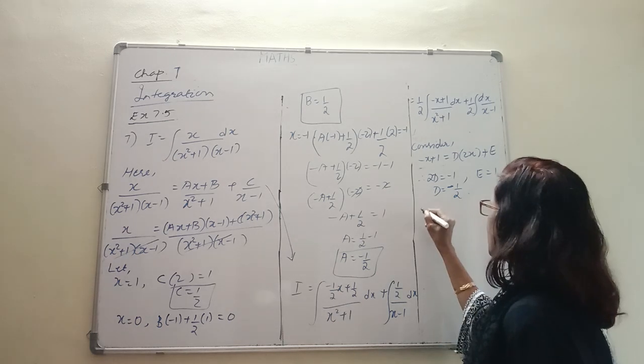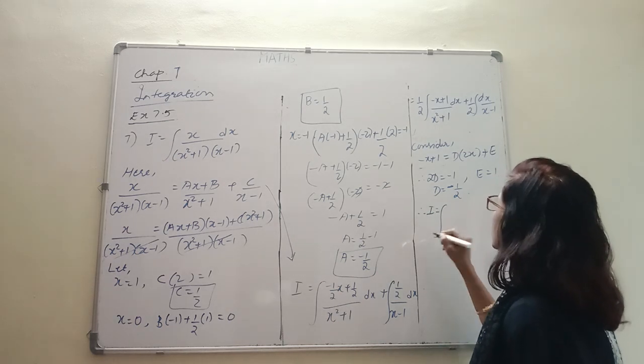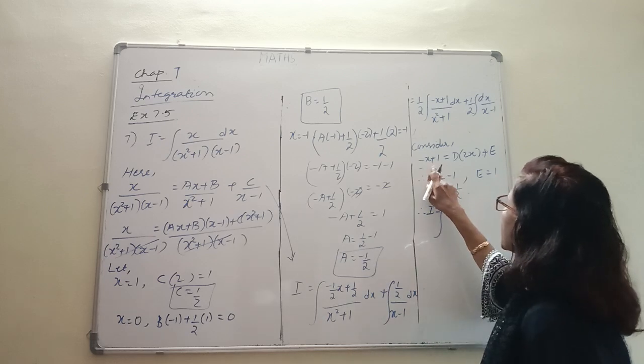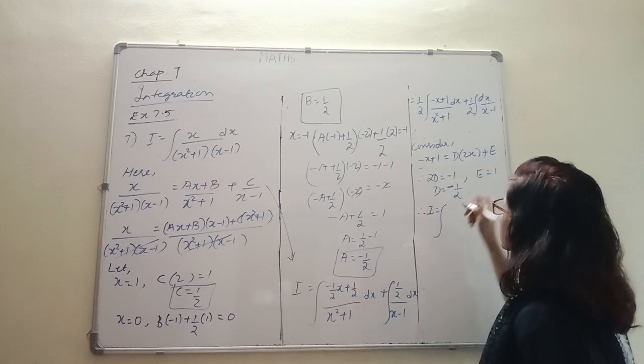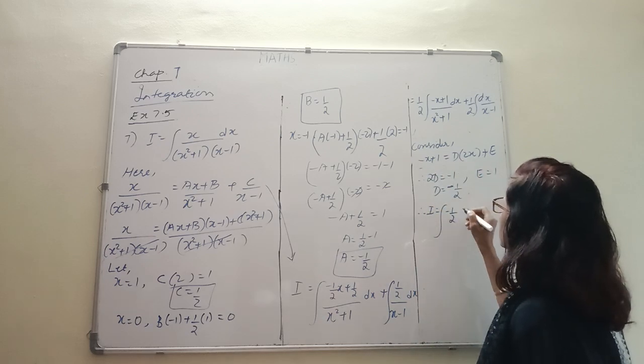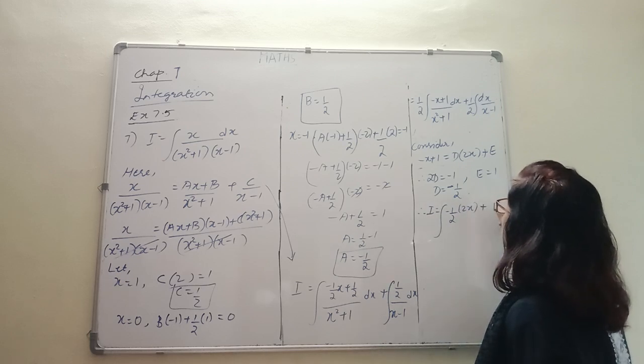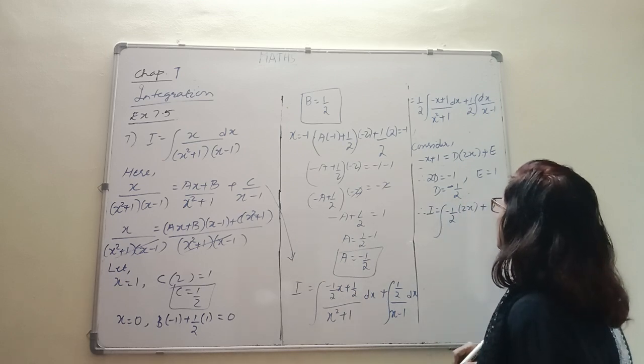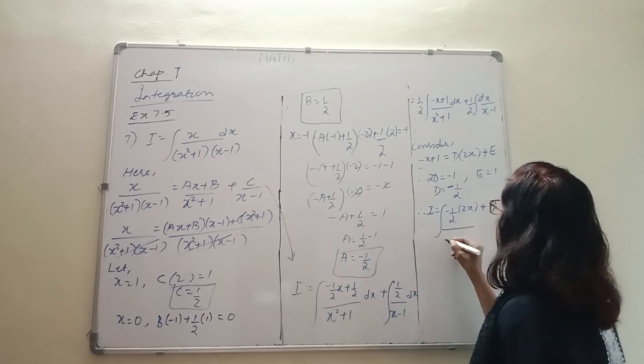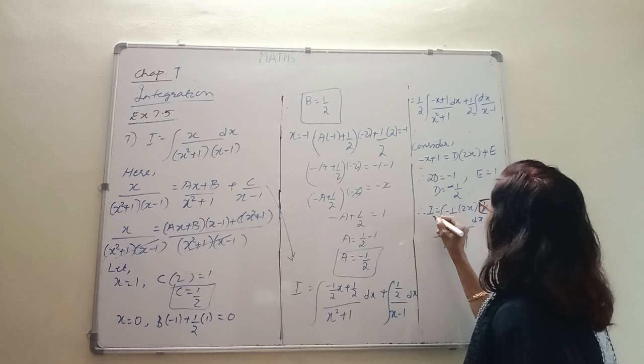So let's reframe I once again. I, instead of writing minus x plus 1, let's write it in this term. That is minus half times 2x plus 1, and then let's separate it: x squared plus 1 dx. Half is there.